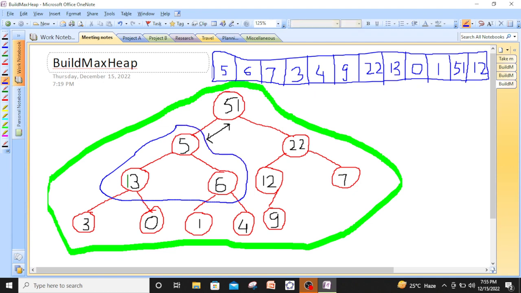Now you see the interchanged node, that is 5 with its children, and inside this blue enclosure the nodal value is 5, but it is not the largest value. The largest value is 13, so 13 and 5 will be interchanged.